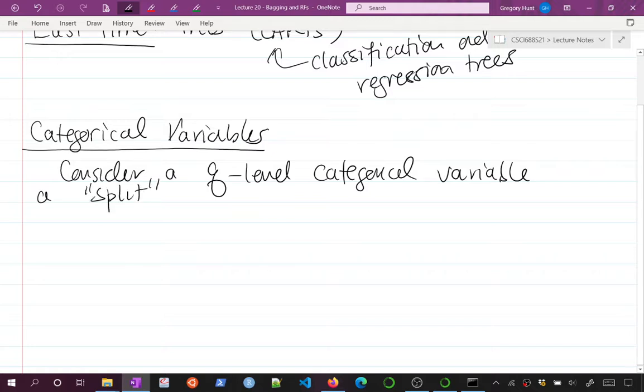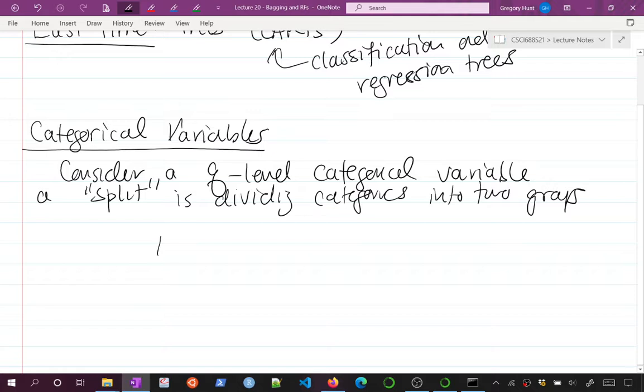So we talked about splitting variables, but a split for a categorical variable is really just putting some of the categories in one group and some of the categories in another group, right? There is no particular geometric way to view it because these are unordered categories. And a split is just dividing the categories into two groups.